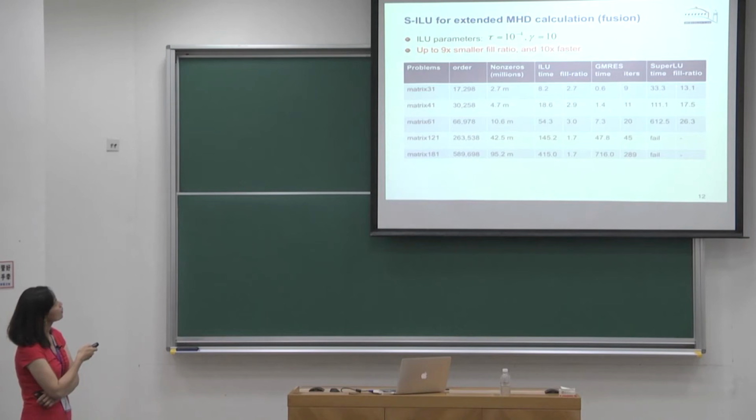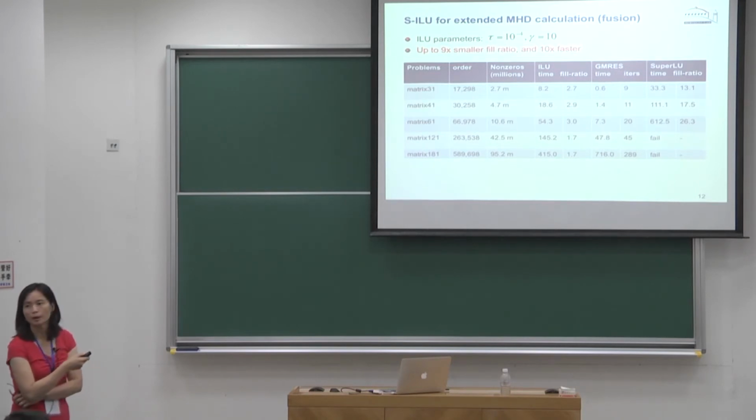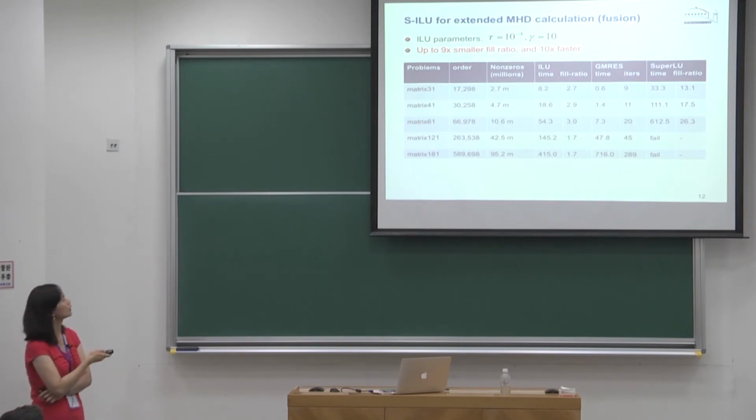The size is from 17,000 up to more than 500,000. There is the number of non-zeros in the original matrix, and then the ILU time and the SuperLU time, the complete factorization time. So the ILU time is the factorization time. You see it's much smaller than complete factorization. And by the time you get to the largest problem, complete factorization failed just because of running out of memory for this sequential code.